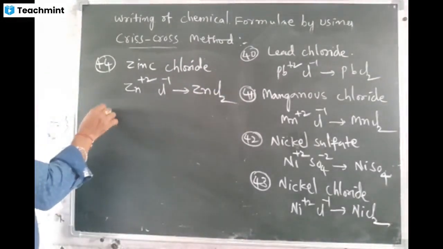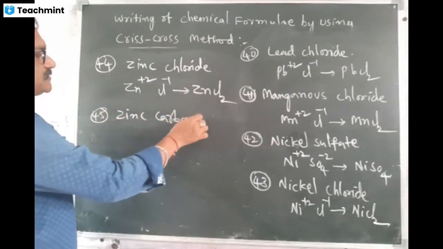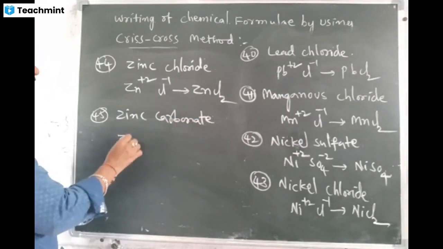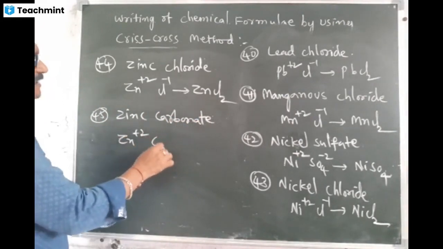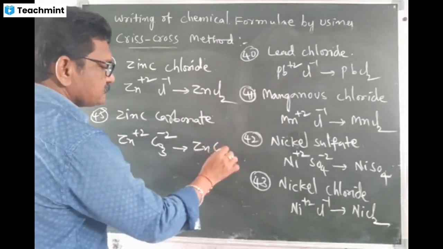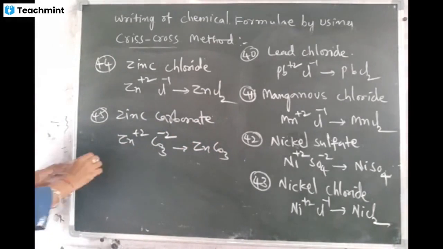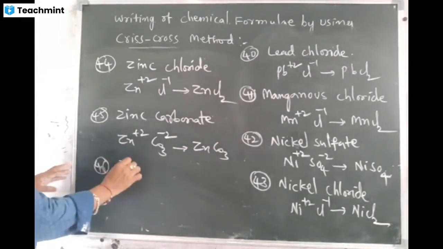Then 45, zinc carbonate. Zinc means Zn plus 2. Carbonate charge is CO3 minus 2. Then the formula is ZnCO3. Zinc carbonate. Zinc iodide.